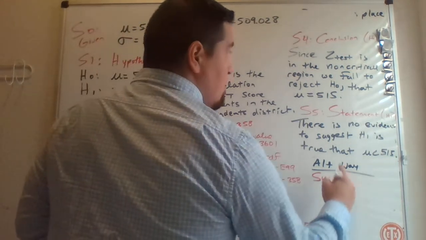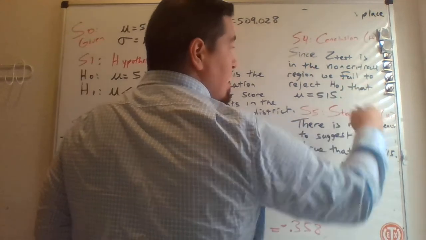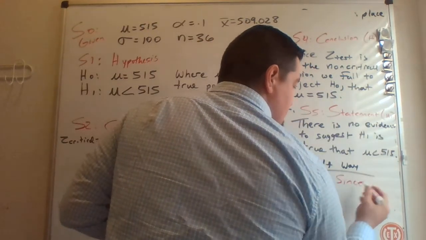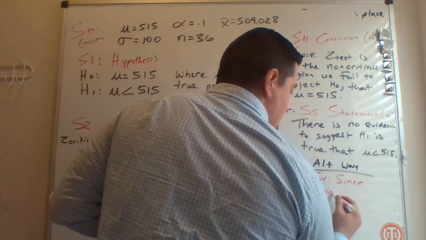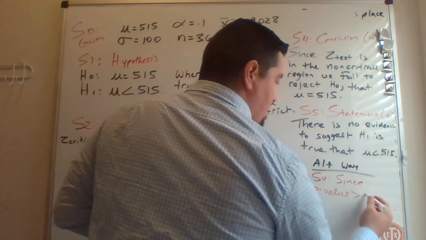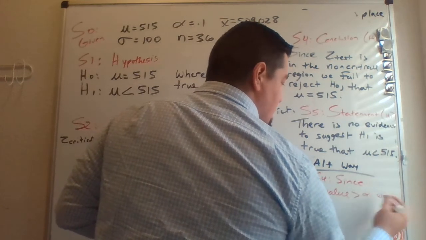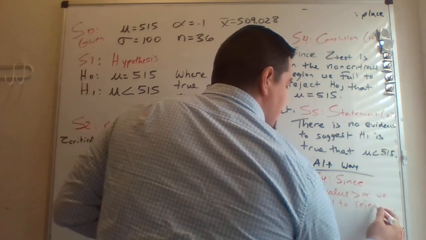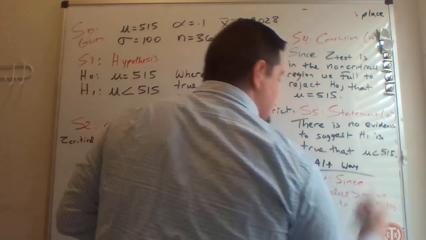So step 4 here would say, instead of saying since the z-test is in the non-critical region, we would say since the p-value is greater than alpha, we fail to reject H naught.